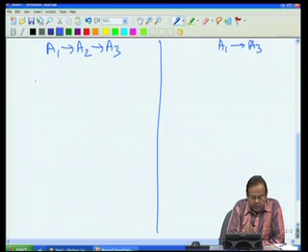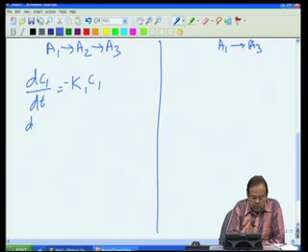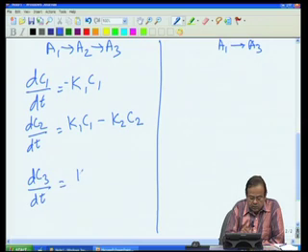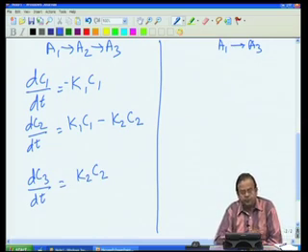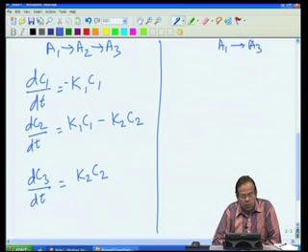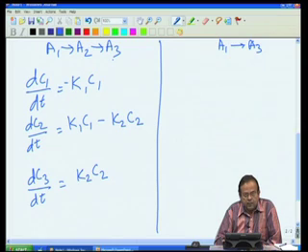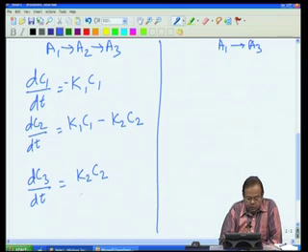Now, if I write my mass balance equations, we know dC1/dt is minus K1 C1, dC2/dt is K1 C1 minus K2 C2, and dC3/dt is K2 C2. Now, I want to know the rate of formation of my A3, and if I look at that rate of formation, it is actually K2 into C2.